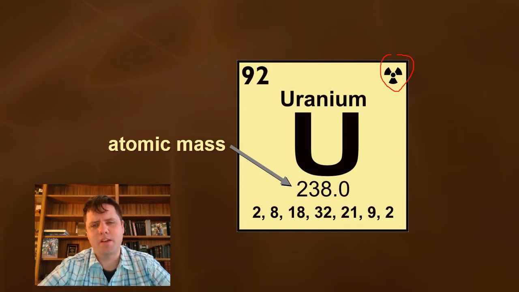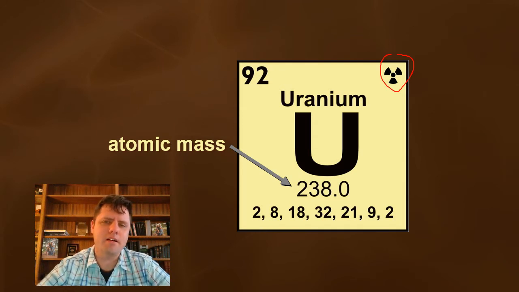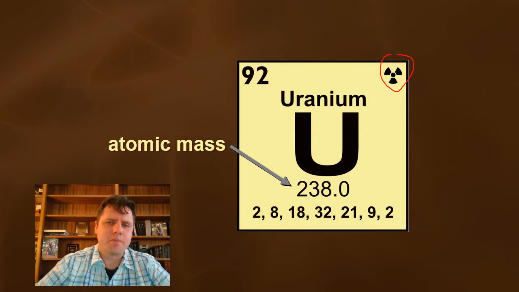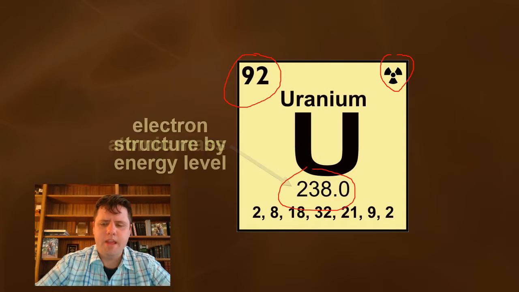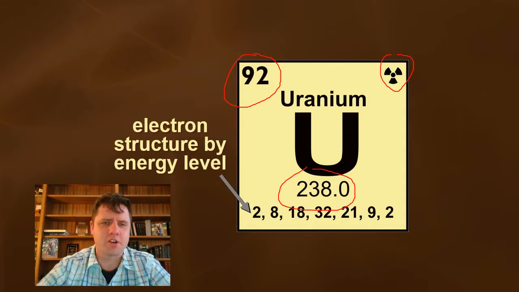So we have the mass listed underneath the symbol, and the number of protons, or atomic number, up here. And then below that, you have electron structure by energy level. Again, something that we won't be talking about here today, but this is just a description of where the electrons are by energy level around the nucleus.